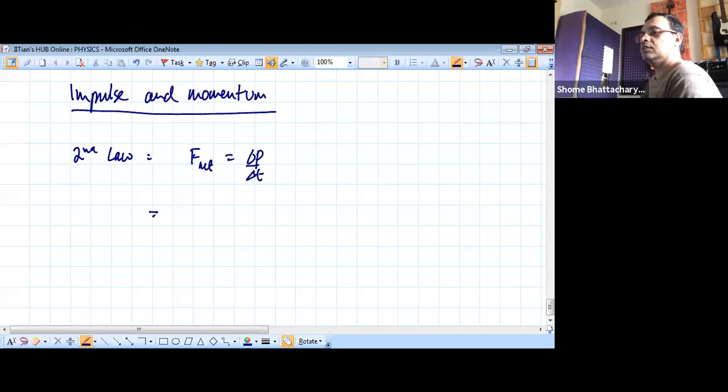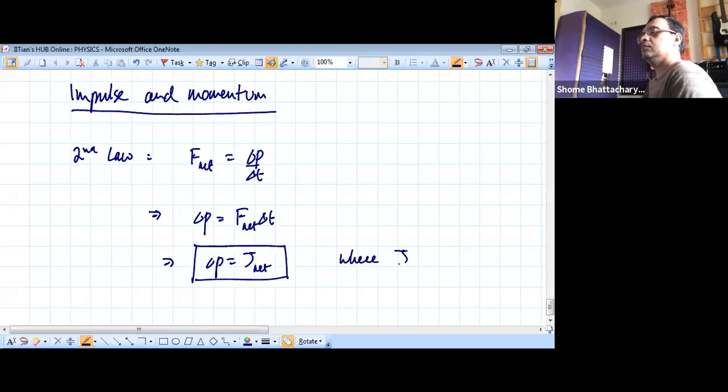So in other words, delta P is equal to net force multiplied by the time interval delta t, or delta P is equal to the net impulse, where J net is the net impulse acting on a body in time delta t.